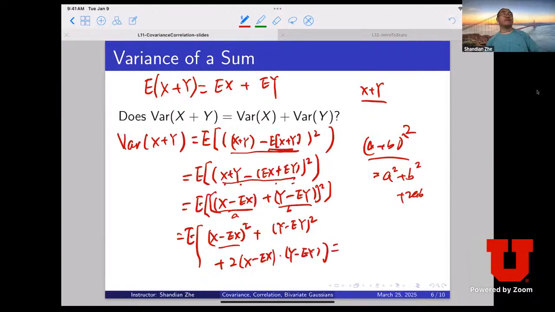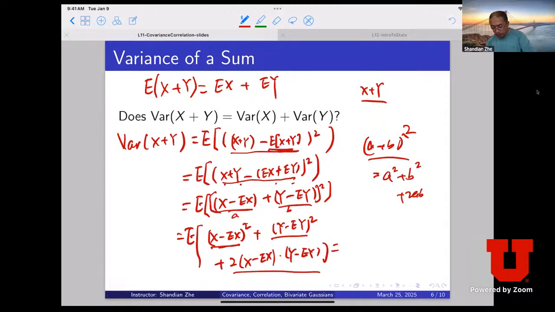Then let's apply the linearity. You can view this term plus this term plus this term, and add them together, take expectation. It's the same as you first take expectation and then add them together. That's the linearity of expectation.